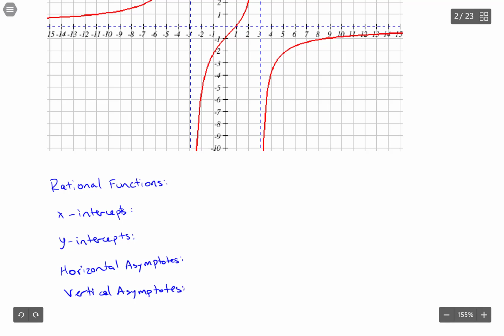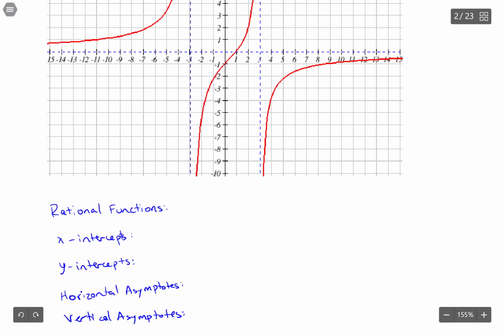Okay, so x-intercepts. This is just where a function crosses the x-axis. So I can clearly see an x-intercept right here. And the coordinates of this x-intercept are the point (1, 0). So I have an x-intercept at (1, 0). Y-intercepts is just where the graph crosses the y-axis.